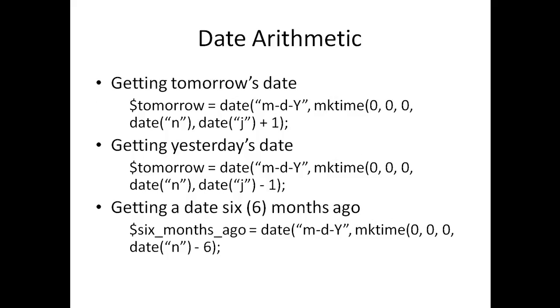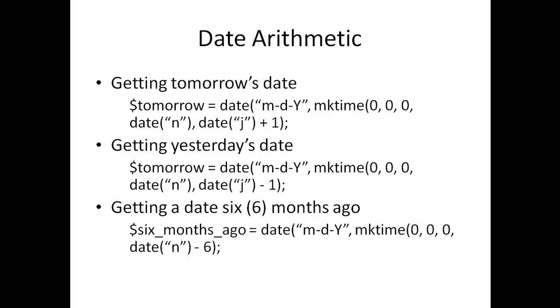In this example, to get tomorrow's date, tomorrow equals date, and I'm passing it MDY just because that's the format I'm choosing to use, and then make time. If you remember, the second variable for the date function is the actual epoch time. Well, make time returns an epoch time, so I'm saying go use make time.